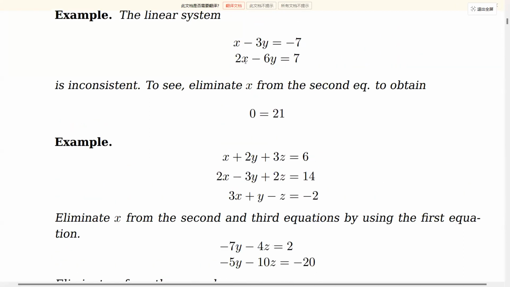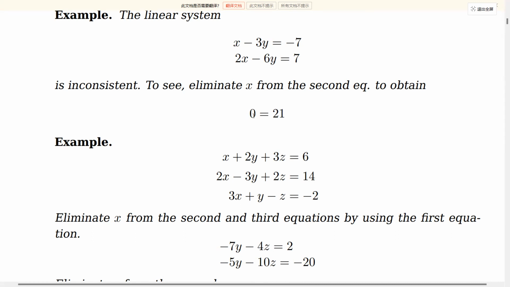You can easily eliminate x in the second equation by multiplying the first equation by -2 and then adding it to the second equation, right? If you do that, what do you get? So you get -2x plus 6y equals 14, isn't it? And then you add these two equations, you can see everything on the left is just the opposite, so they cancel completely.